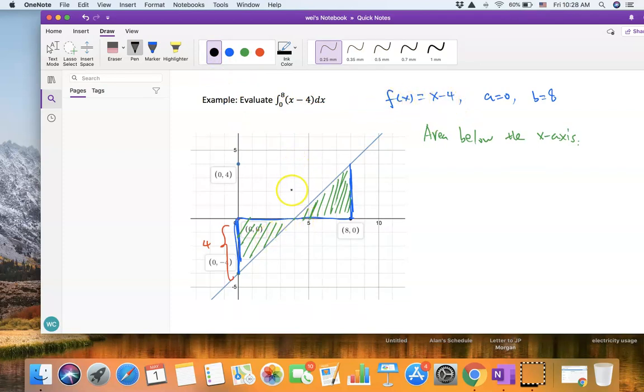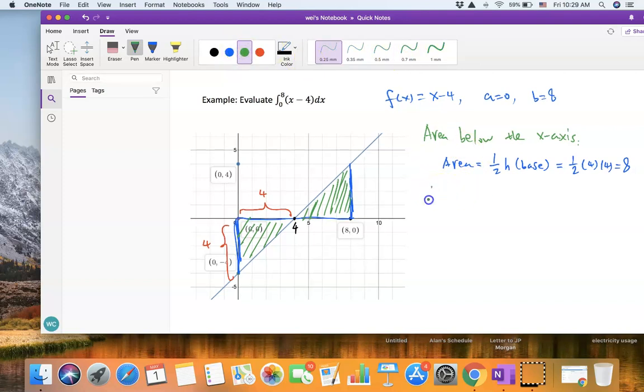So at this point, this is the x-intercept, and the coordinate of this point equals 4. So the base of this right triangle is 4. So the area of this right triangle is 1/2 times h times the base, which equals 1/2 times 4 times 4. So that is 8.